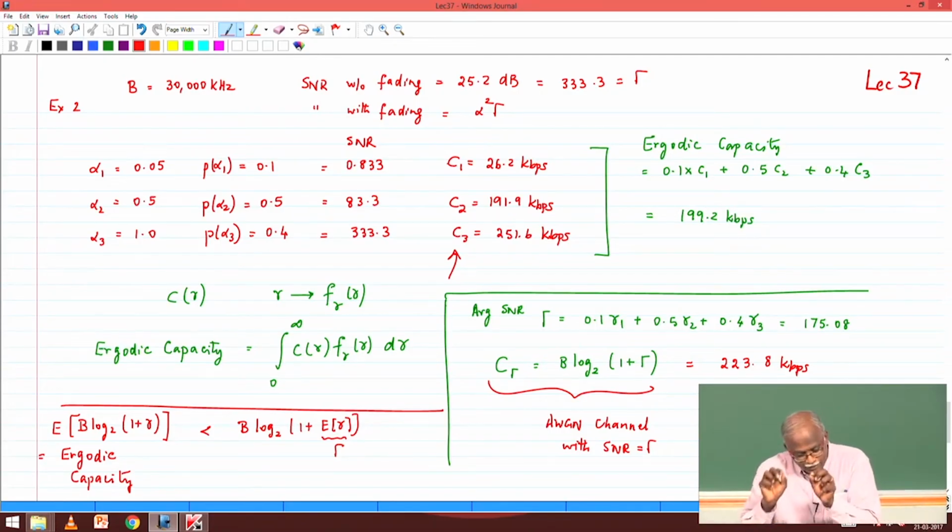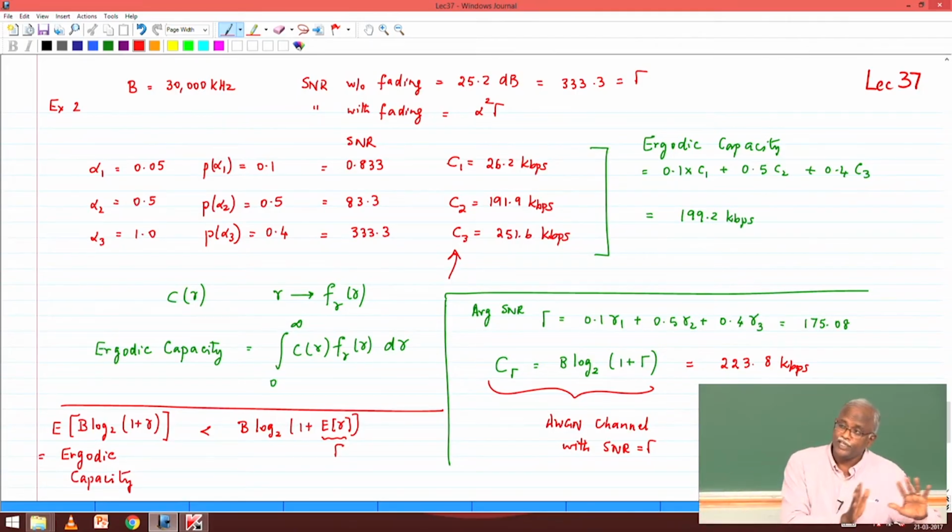Just like fading affected the bit error rate, it seems to be affecting capacity as well, and the impact is along similar lines as the impact it had on BER. Fading actually makes the performance much worse than the corresponding average AWGN channel. So again, how do we develop this? How do we build it up into a concept that we can work with? This is the crux of today's lecture.